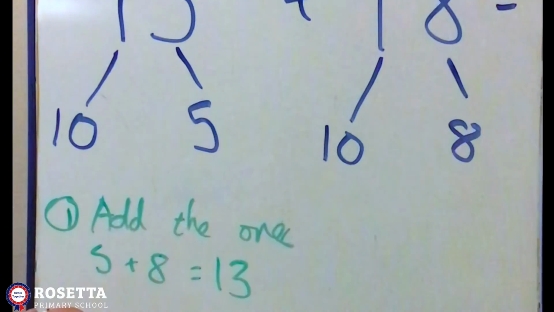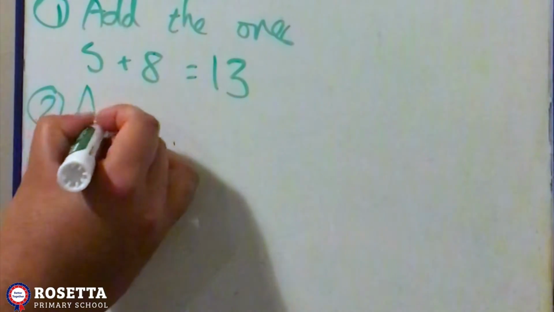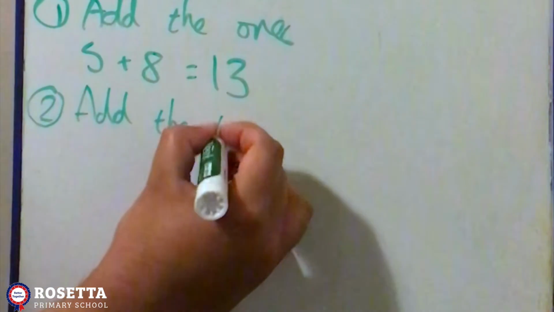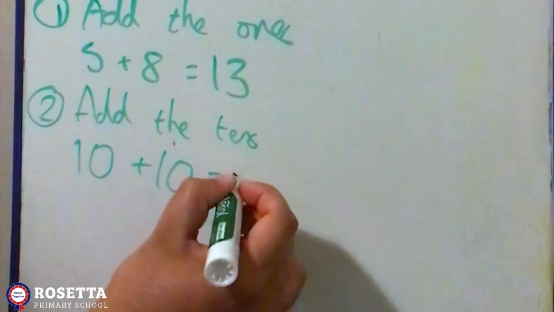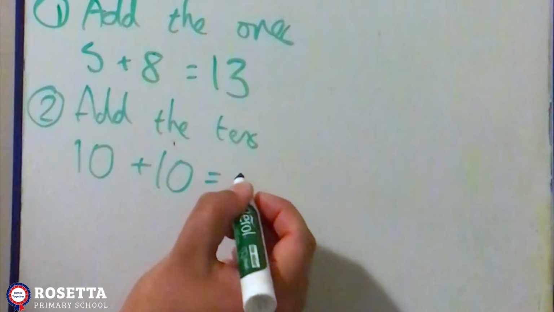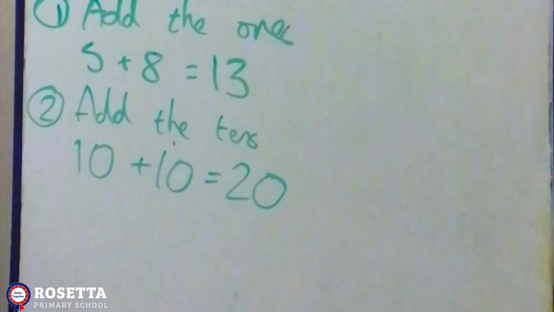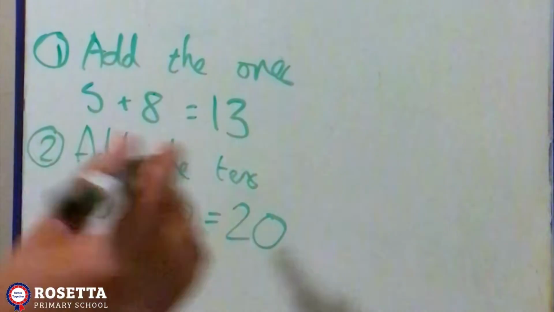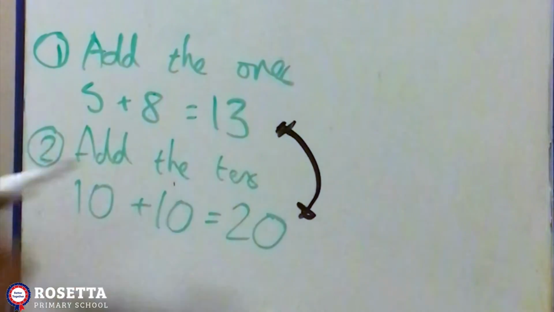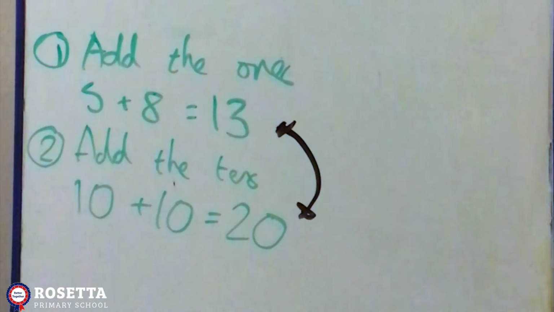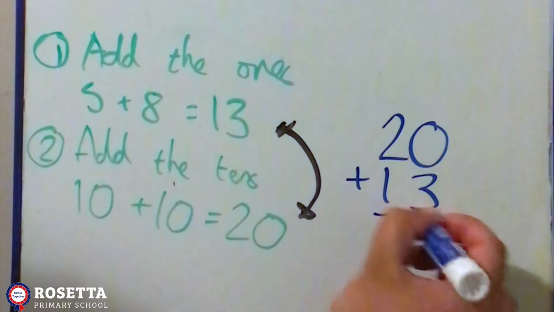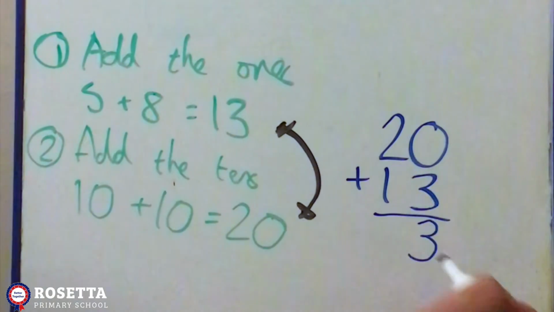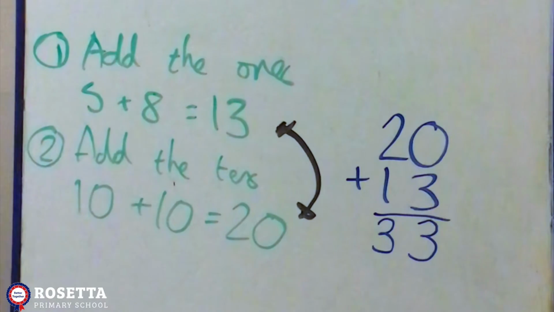Then 10 plus 10. Second step, so add the tens again. 10 plus 10 equals 20. Well done. Now I have to add these two together. So we've got 20 plus 13. 0 plus 3. 2 plus 1 is 3. Well done. So the same answer of 33.